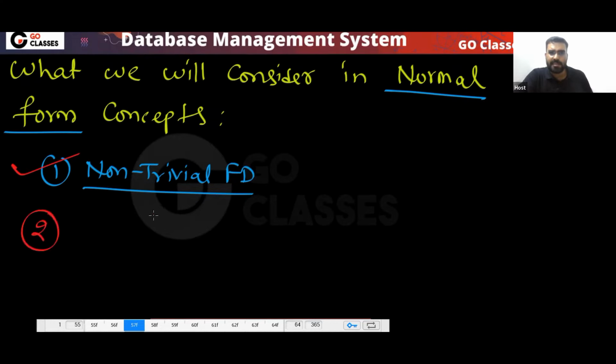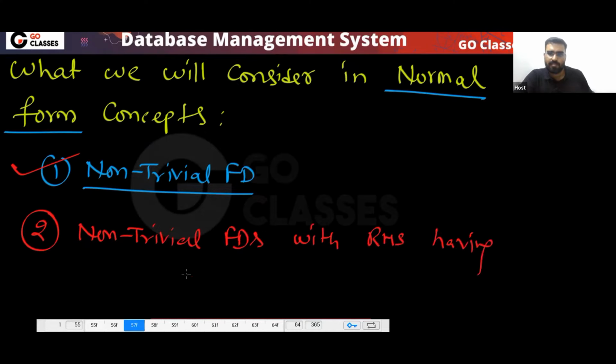And second, we will split these non-trivial functional dependencies so that the RHS has only a single attribute. Is this clear?